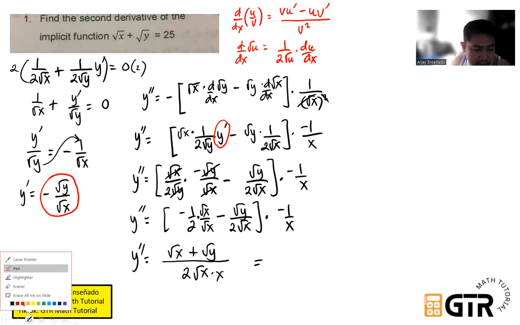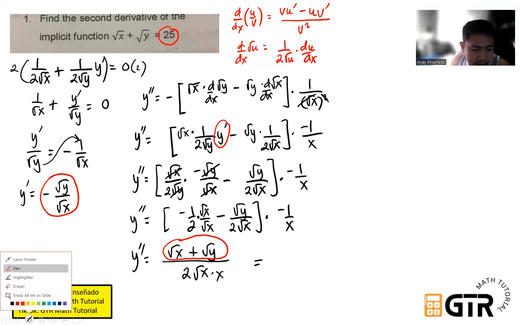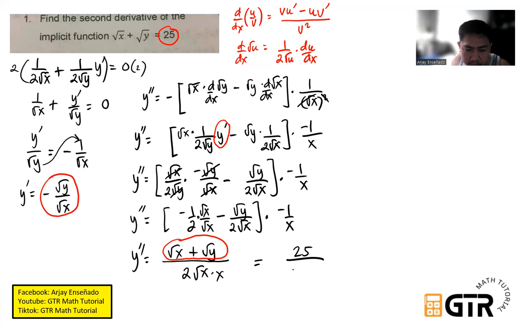If you notice, as I said, you always go back to the original given: square root of x plus square root of y is equal to 25. Based on our original given, let's substitute. Therefore, that is equal to 25 over 2 square root of x times x. We can put the x first so it's not confusing to look at: 2x square root of x.